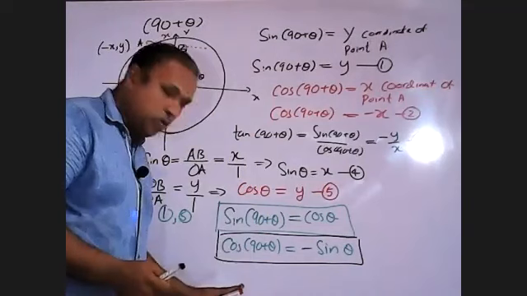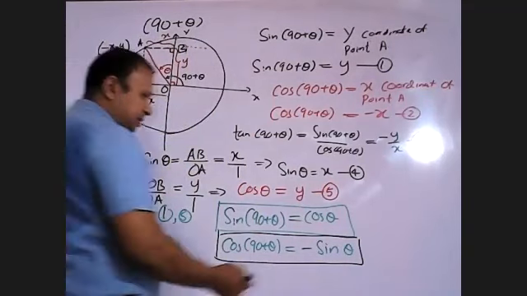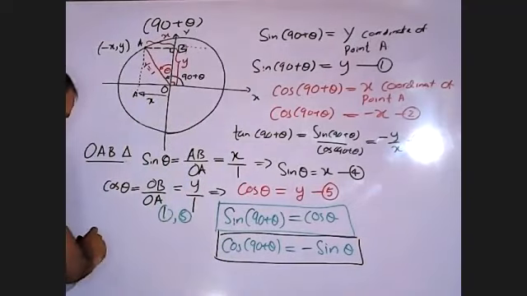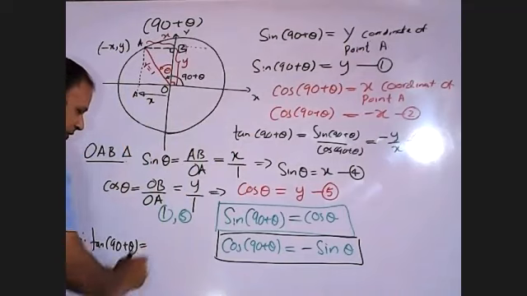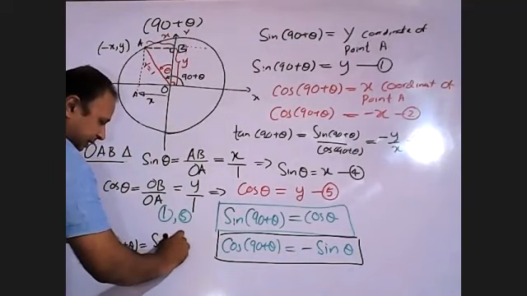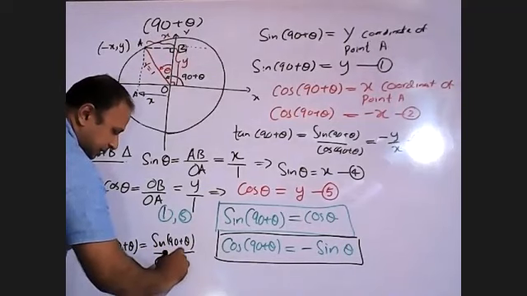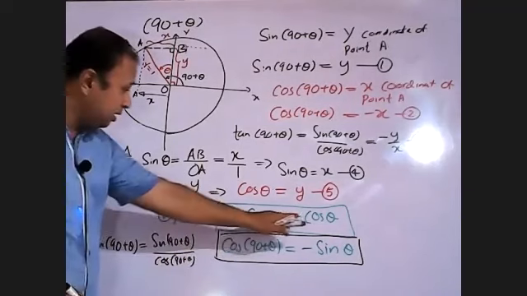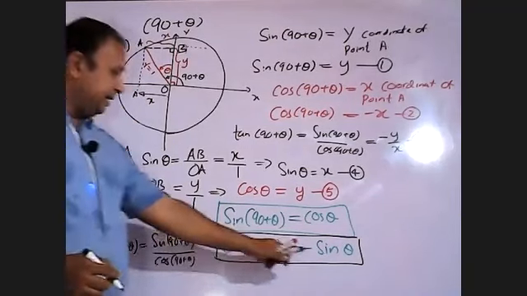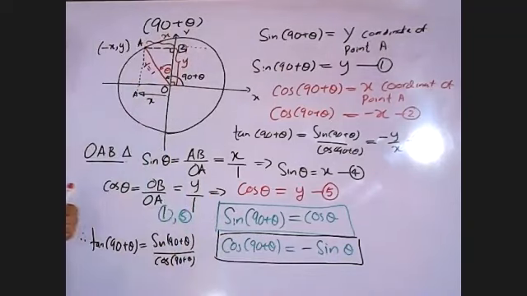Then you can divide these two equations and take tan(90 + theta). Therefore, tan(90 + theta) is equal to sin(90 + theta) over cos(90 + theta). Sin(90 + theta) is equal to cos theta, and cos(90 + theta) is equal to minus sin theta.